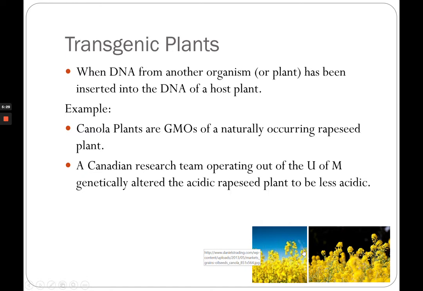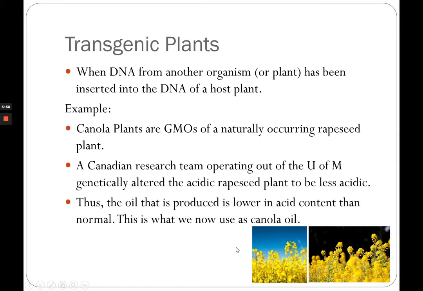The original rapeseed plant was thought to be very acidic. Okay, so the oil from this plant was too acidic to use as a cooking oil. So a Canadian research team operating out of U of M, okay, actually genetically altered the rapeseed plant to be less acidic. And if it's less acidic, it's actually going to be more useful for humans.